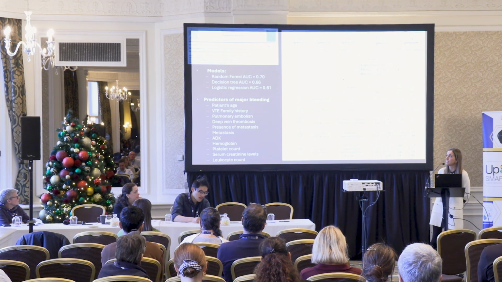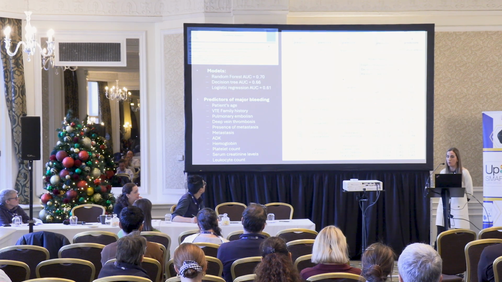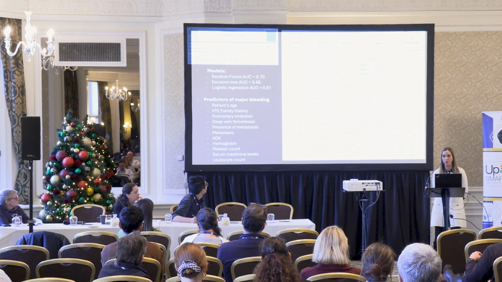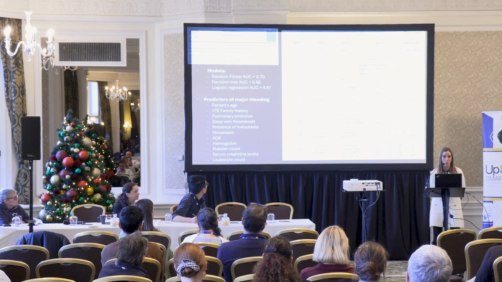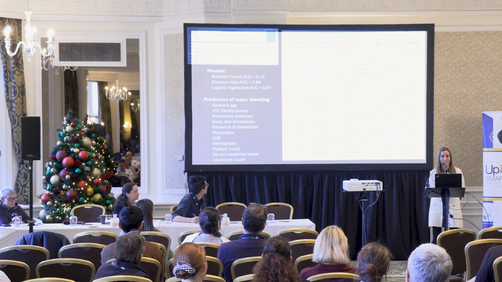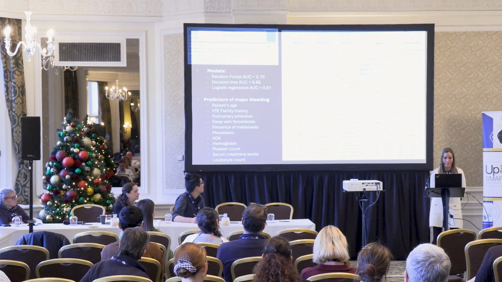Finally, we get 10 predictors that best predict which patients were going to have a red thrombosis. And most of the time here, we try to reduce the number of predictors as much as we can, because we know that for clinical practice, it is easier to work with a lower number of predictors.